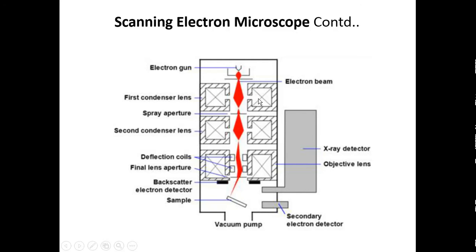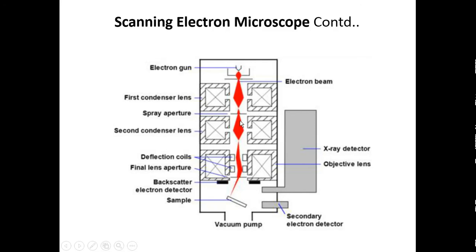Here we have electromagnetic lenses, and that lens will control the splashing of this beam, and it will pass over this and be converted through an aperture, that is the spray aperture.